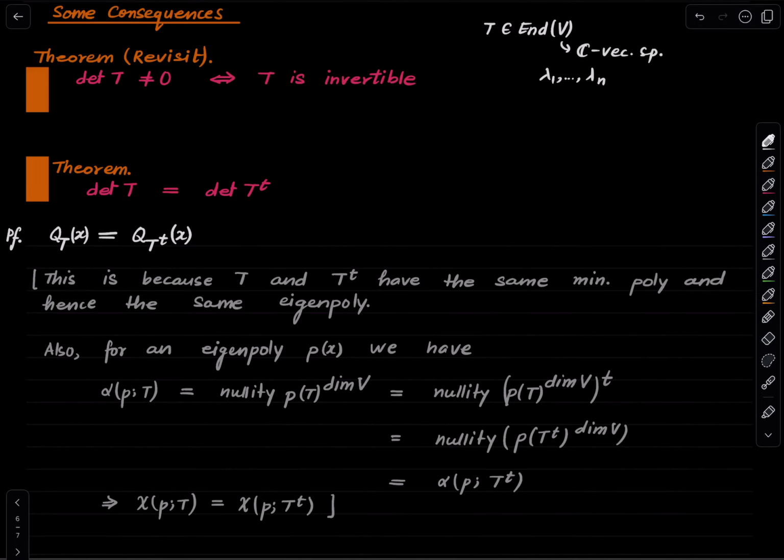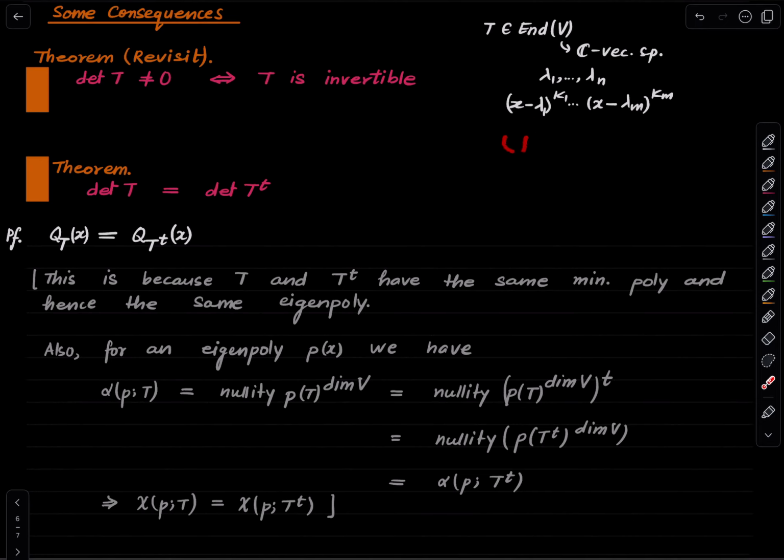That is simply because the characteristic polynomial of t would then look like something like this. That's the characteristic polynomial of t, and lambda 1 up to lambda m are distinct eigenvalues, and k1 up to km are the saturation exponents.